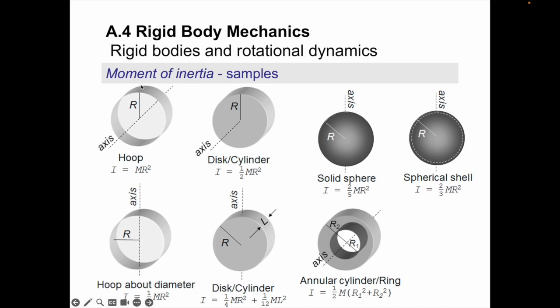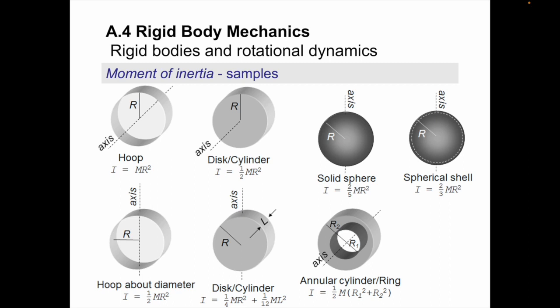And this is the formula that we're going to use for a hoop if the axis is going right through it like this, so it has a radius r, and here's our axis going right through the middle here. If we have this hoop, but it's rotating about a diameter, then we're going to use a different equation, and that equation can be seen down here at the bottom as I equals 1/2 of mr squared.